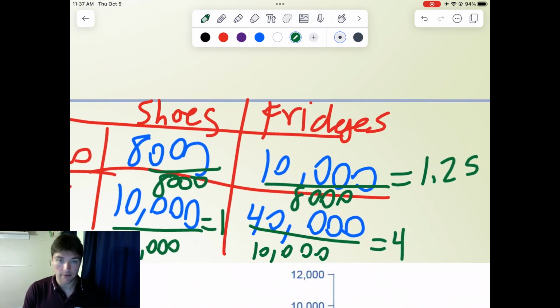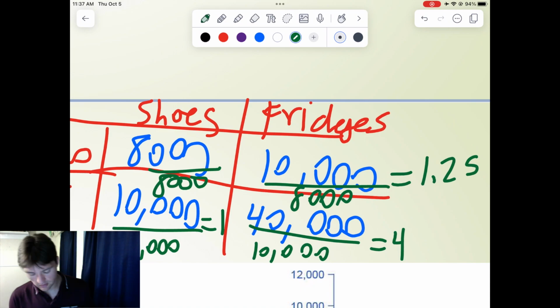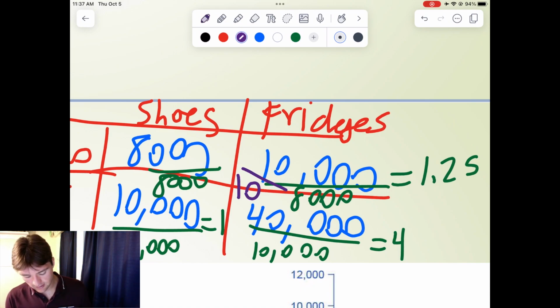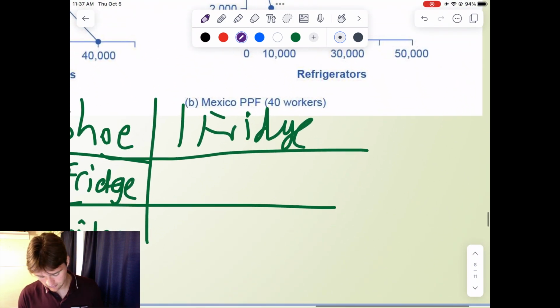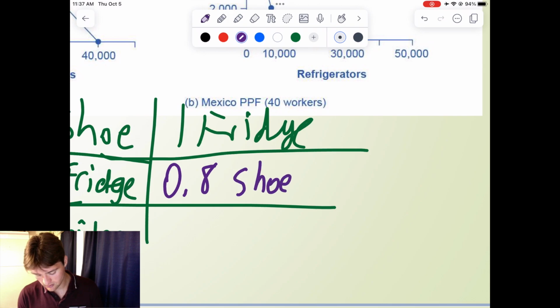So 1 fridge for Mexico would be 8,000 divided by 10,000. So that will equal 0.8 shoes.